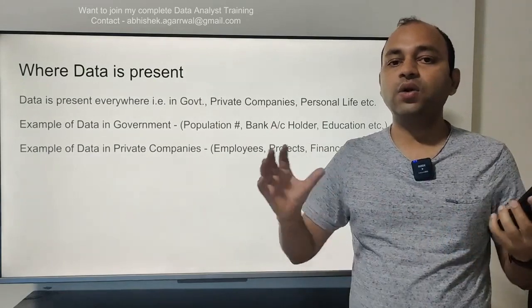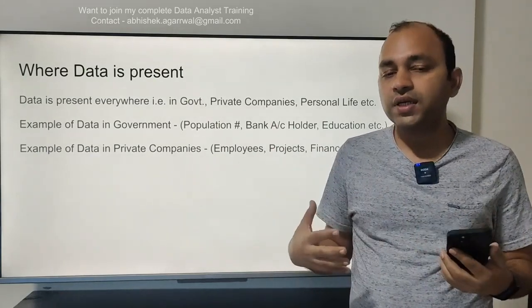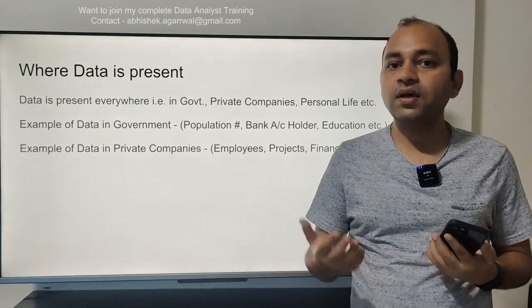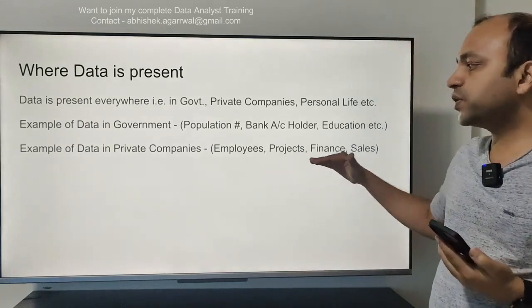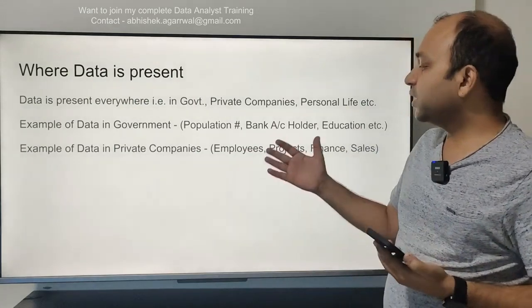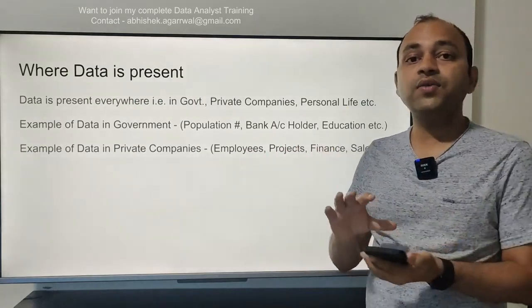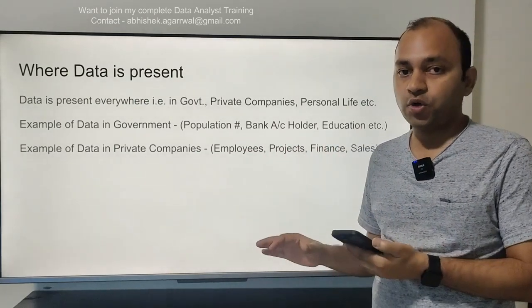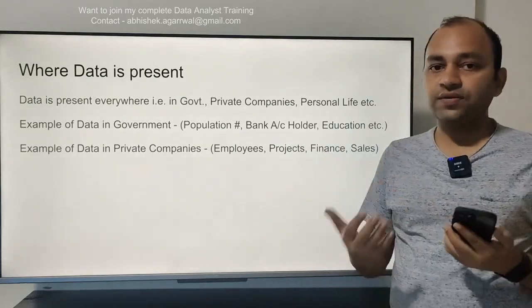If you are, let's say, always curious about where the data is really present and who is creating it, well, it's the individual responsibility. In case of employees, it is basically the HR department. In case of a project, it is the individual department running the project. In case of finance, it's the finance department.